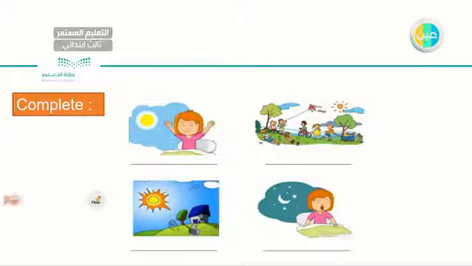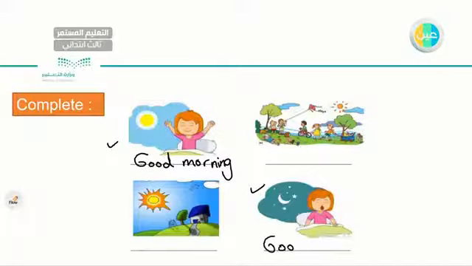So we already did this picture, so I guess it's an easy one. I need you to complete. Which picture is it? She just woke up. It is good morning, so let's write it here. Good morning. Very good. Okay, how about this one? She's about to go to sleep. That's right, good night.